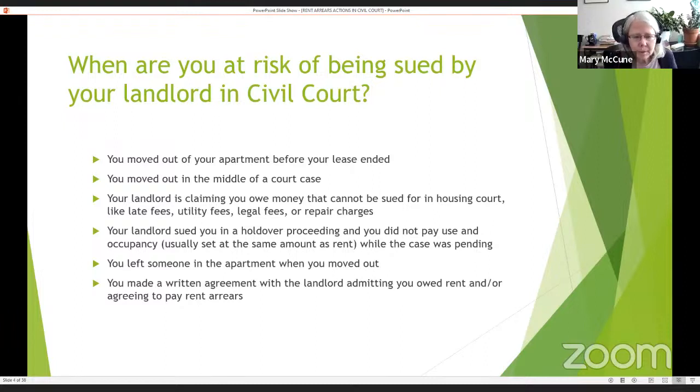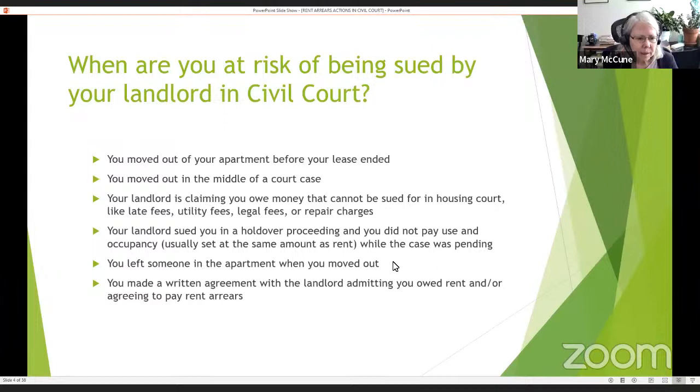And so because they can drag on quite a while, no one's paying the rent for sometimes month after month after month. And then once the case is resolved, the landlord may sue you for the months of rent that you were in the apartment. And if there is no lease, that rent is called use and occupancy. It's usually the same amount for the time that you were living in the apartment.